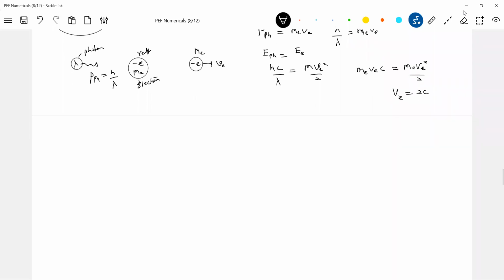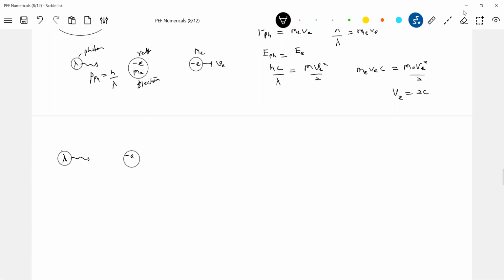So what actually happens here? This is called the Compton effect, which is not there in the syllabus. What actually happens is, suppose there's an electron, and there's an incident photon.